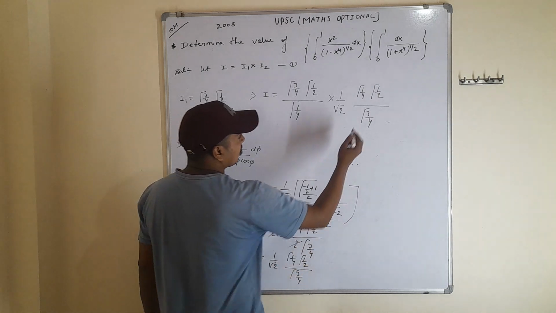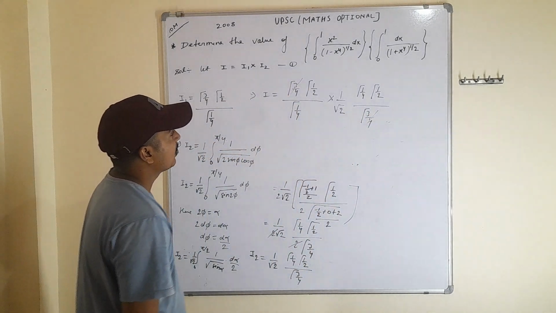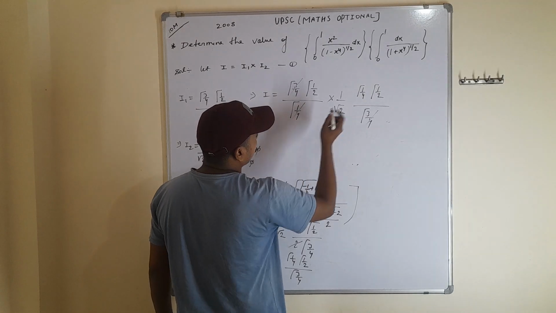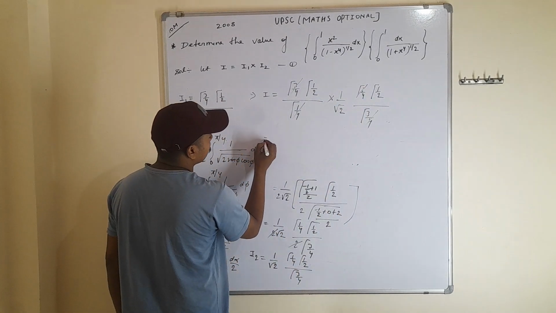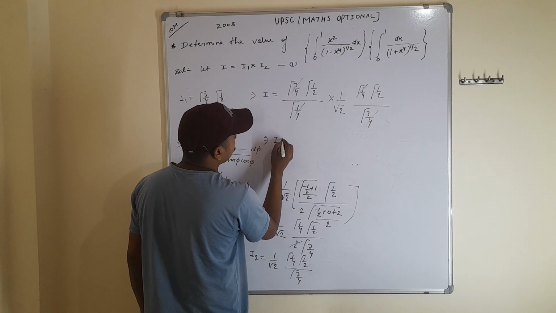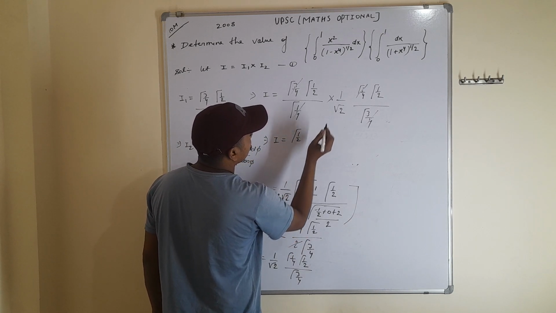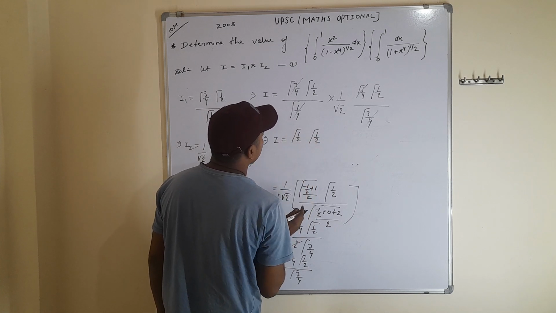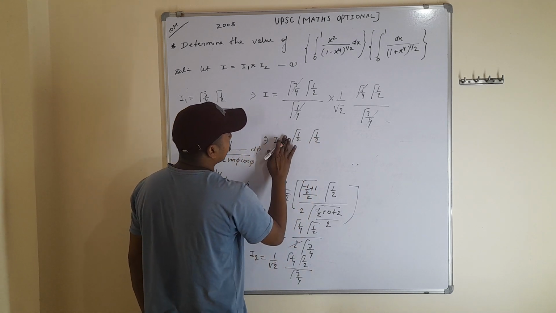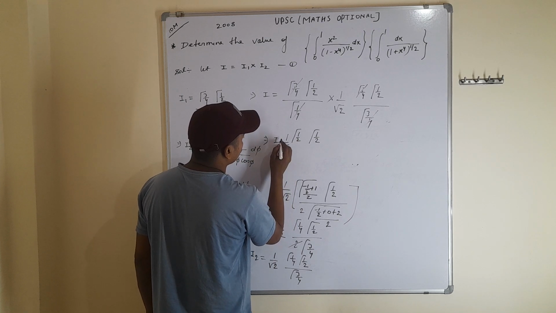From here gamma 3 by 4 and gamma 3 by 4 cancel out, and gamma 1 by 4 and gamma 1 by 4 also cancel out. So remaining is I is equal to gamma 1 by 2 into gamma 1 by 2, and 1 by root 2 is already present.